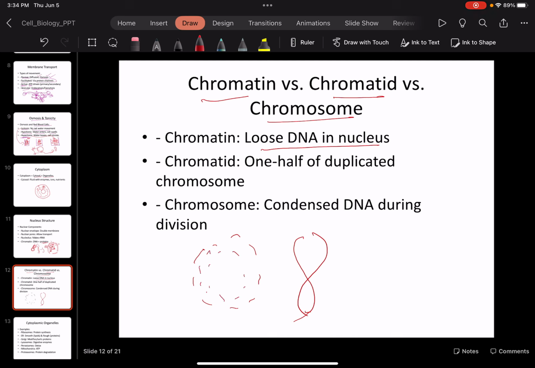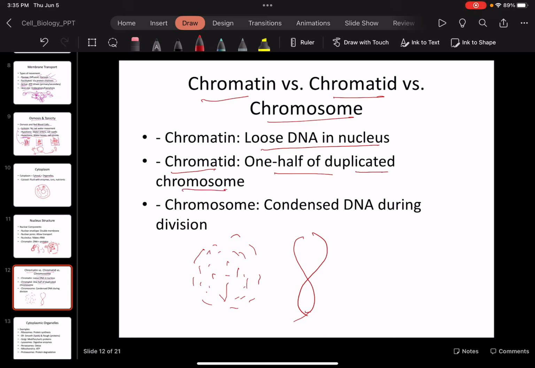When you look at those cells, you don't see the DNA clearly. So that is the loose DNA in the nucleus.